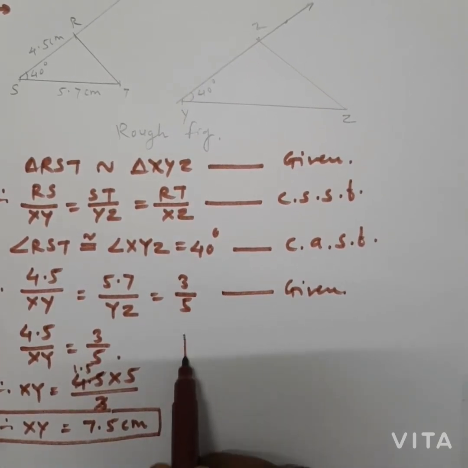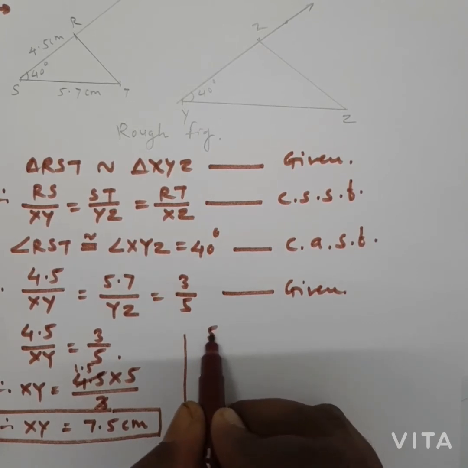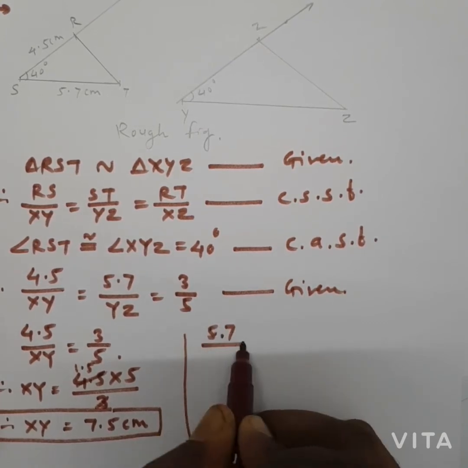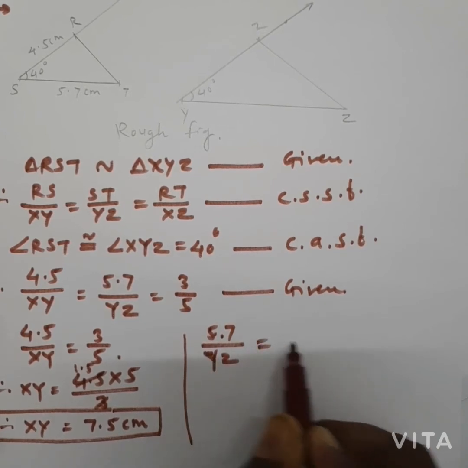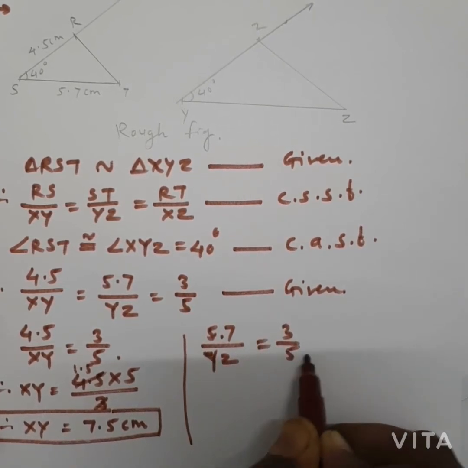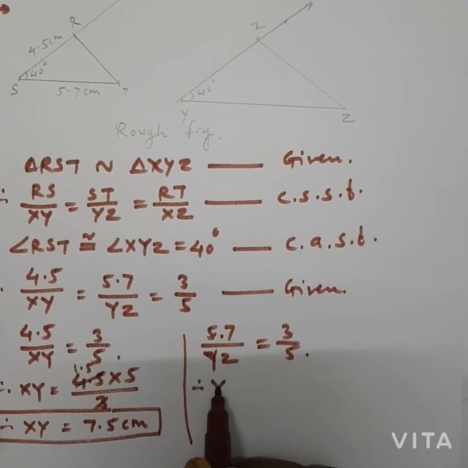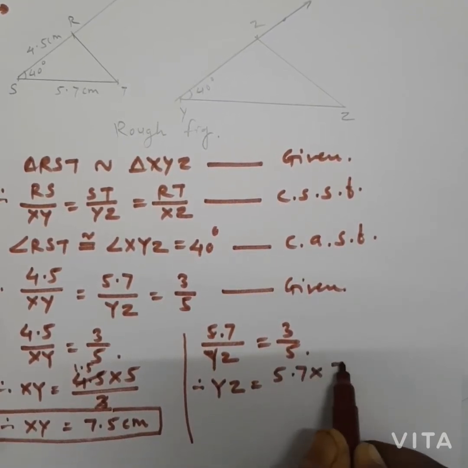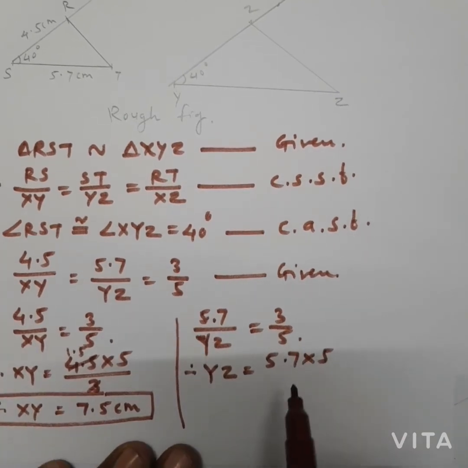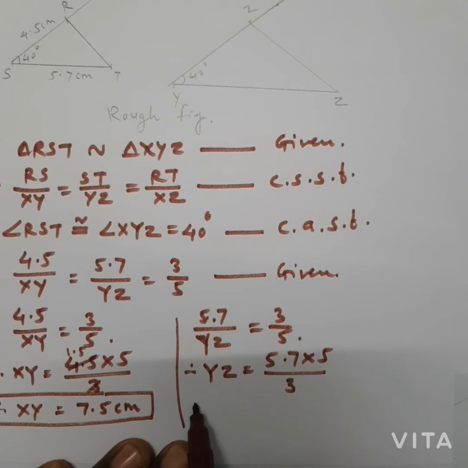Then the second ratio: 5.7 upon YZ is equal to 3/5. Therefore, YZ is equal to 5.7 into 5 upon 3.